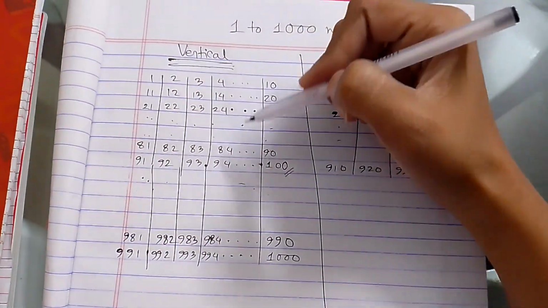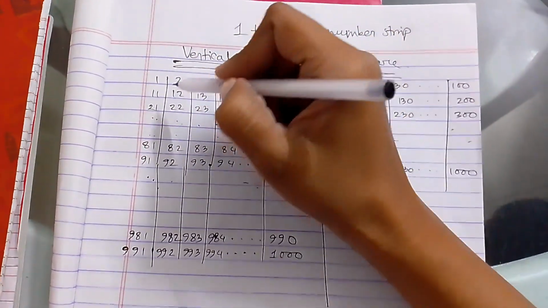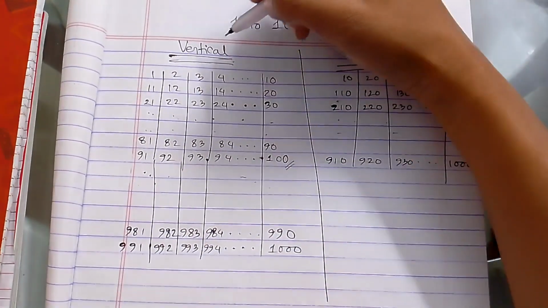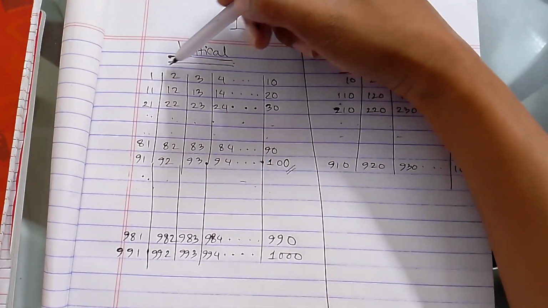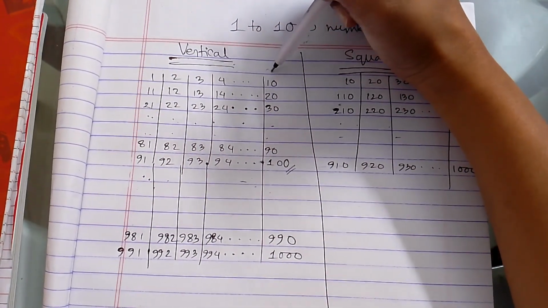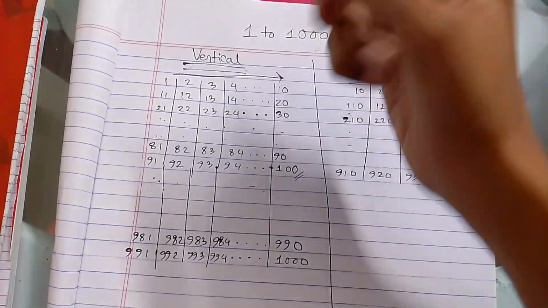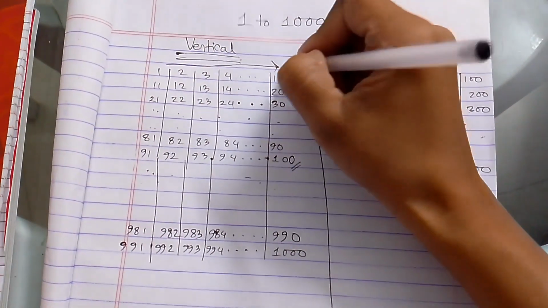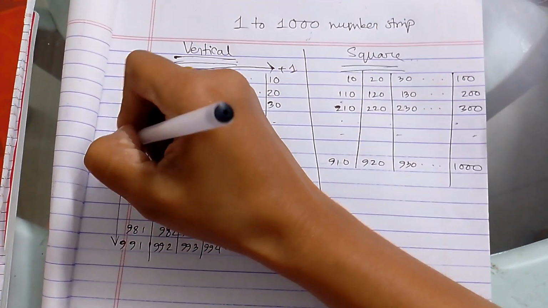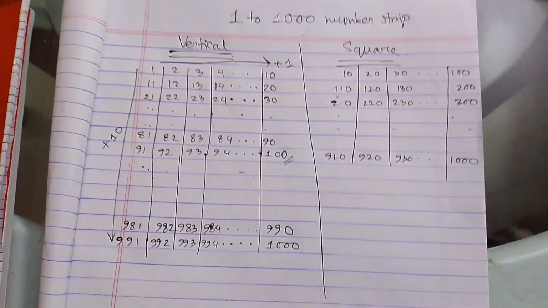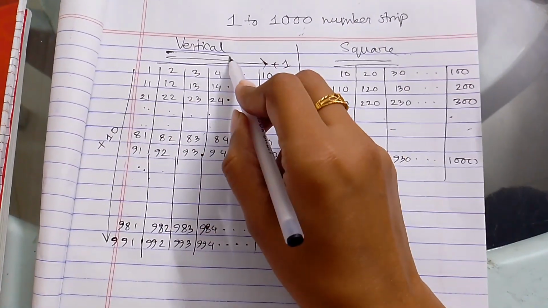If we look closely, whenever we are doing a vertical number strip, we are adding +1 when we are going across, and we are adding +10 when we are going from top to bottom.